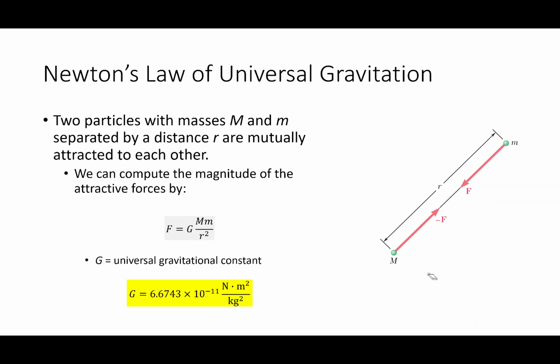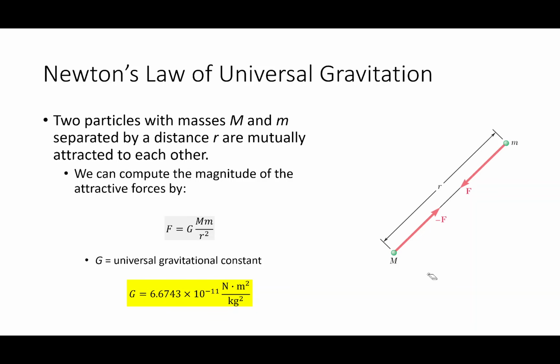So what the law of universal gravitation states is that there are two objects out in the universe, out in space. Okay? Those two objects each have an independent mass. So we'll call them big M and little m. Okay? What Newton's law states is that two objects out in space have an attractive force between them, okay?